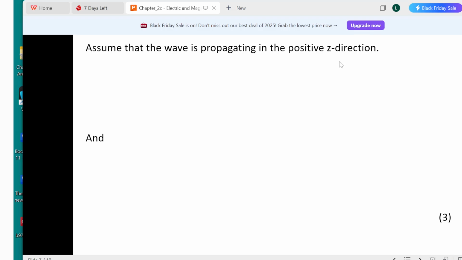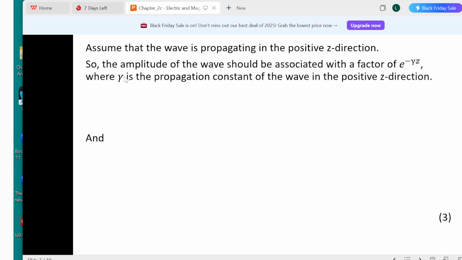the positive z direction, the amplitude of the wave should be associated with a factor of exponential to the power minus gamma z, where gamma is the propagation constant for the wave in the positive z direction.